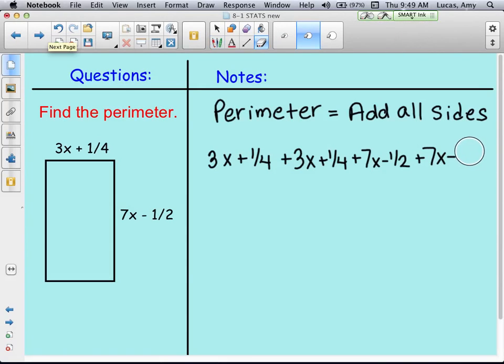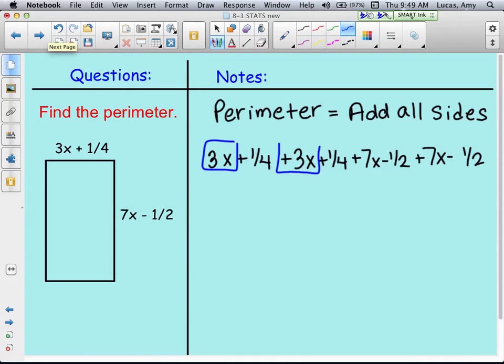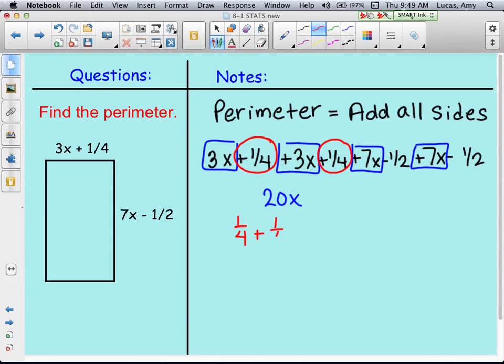Okay, so like terms would be 3x plus 3x plus 7x plus 7x. So that would give me 20x. Then my other like terms, 1/4 plus 1/4 minus 1/2 minus 1/2. Remember, when you're working with fractions, you have to have common denominators.